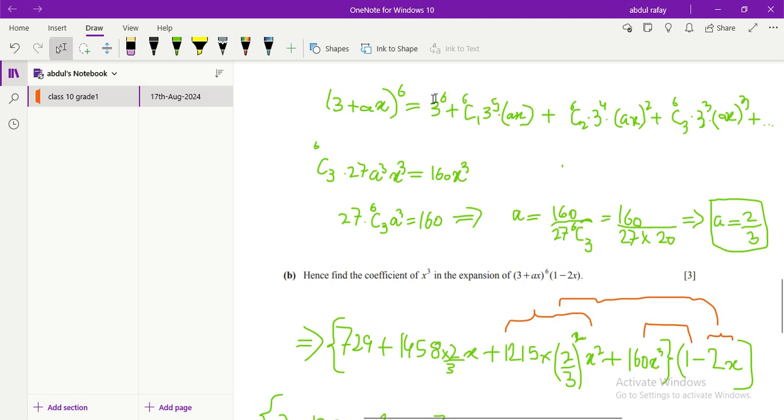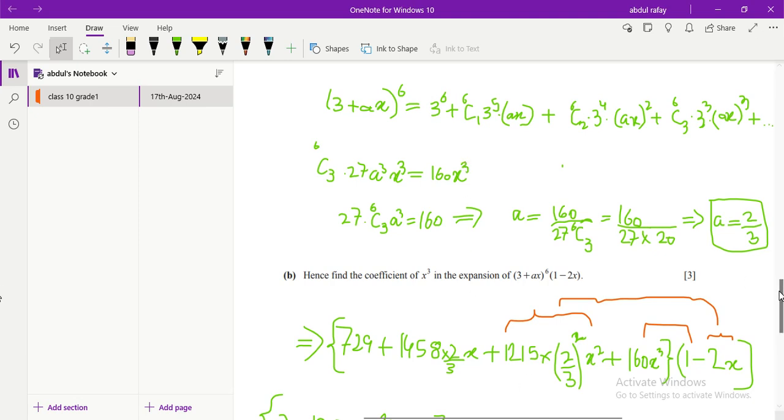When you solve this, you will get 729. When you solve this one, you will get 1458, and then 2 by 3 into x, right? And if you solve this, you will get this term. And this we have already solved, which equals 160 x to the power 3, which is our coefficient.